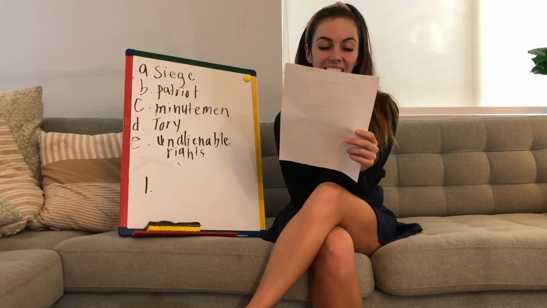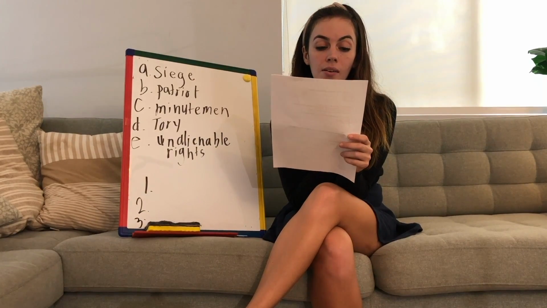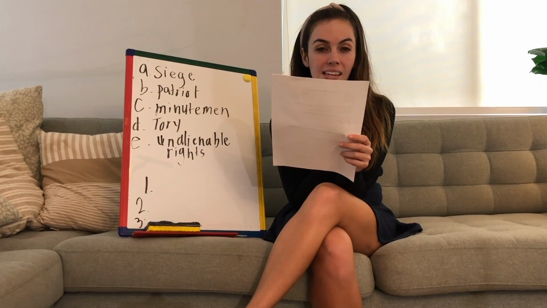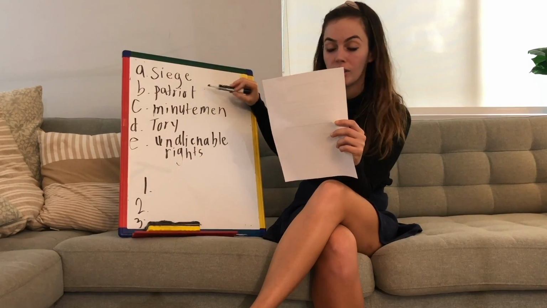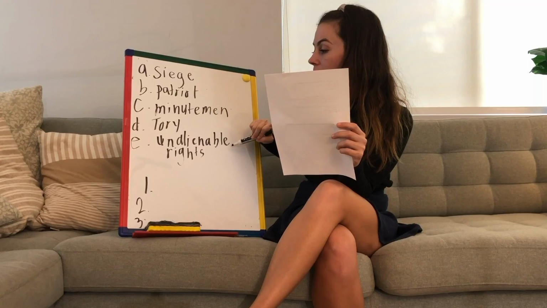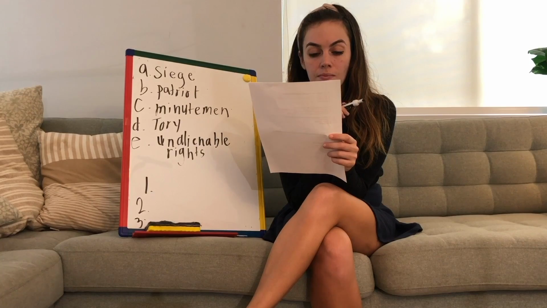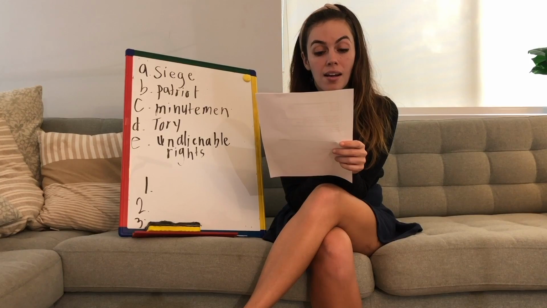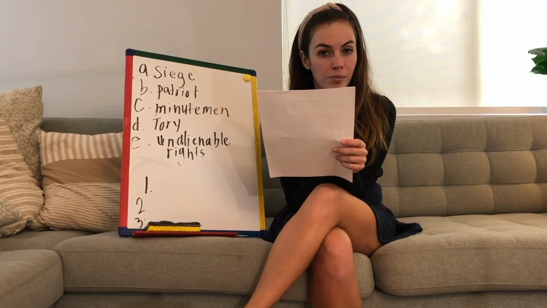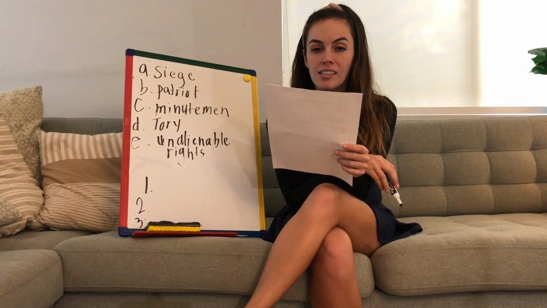Okay, right now you should have 1, 2 written on your paper. Number 3: a situation in which soldiers surround a city or fort. Is that A, siege, B, patriot, C, Minutemen, D, Tory, E, unalienable rights? Okay, number 4: a colonist who was still loyal to England after the war began.